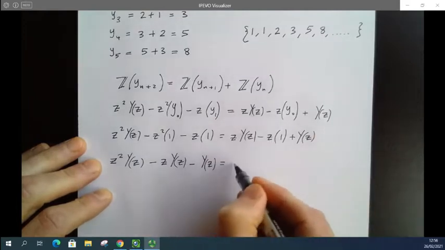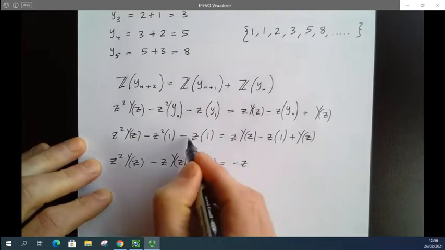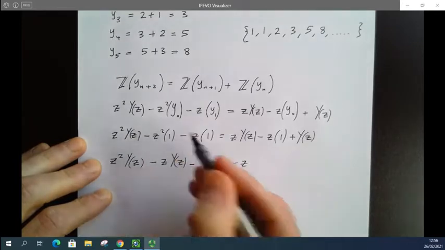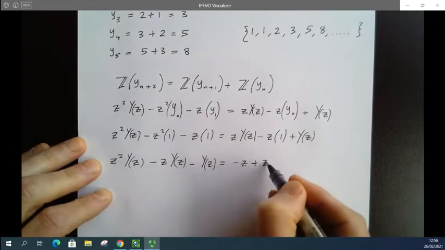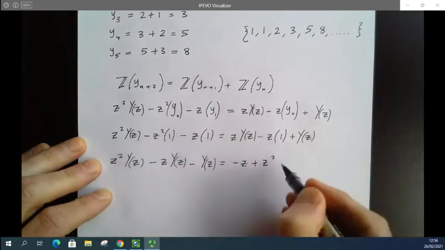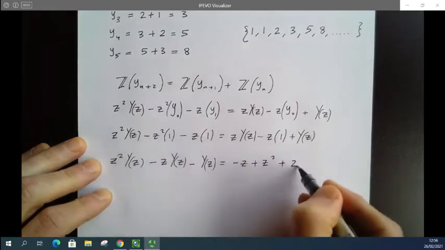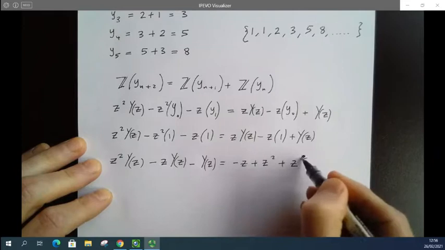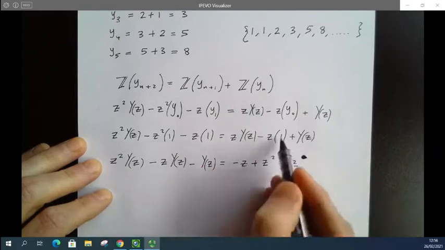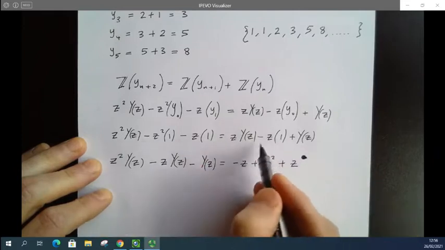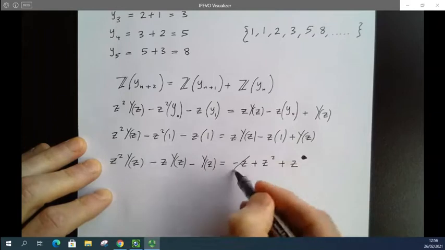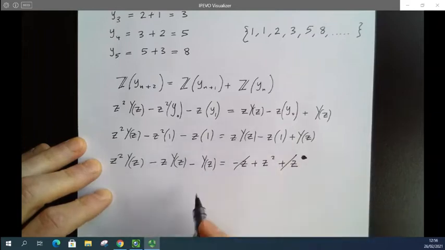So this minus z stays. This minus z squared comes to the right, so that's plus z squared. And this minus z comes over and becomes plus z. Actually these two, I could have cancelled here because it's minus z on both sides. Doesn't make much difference.